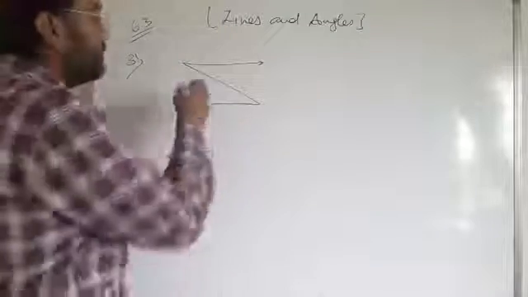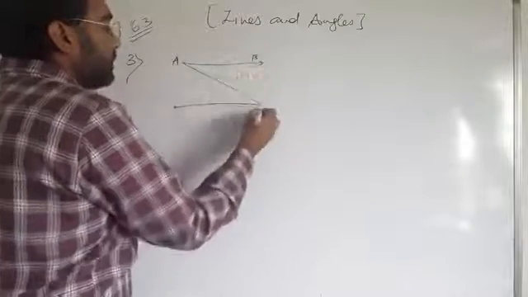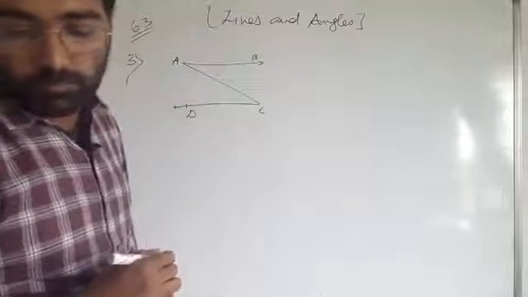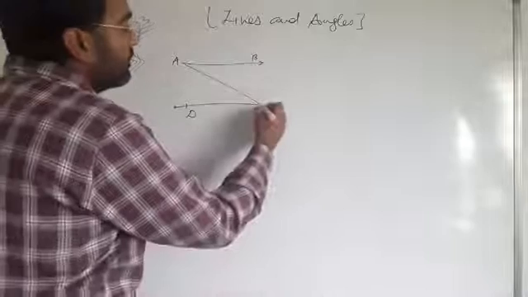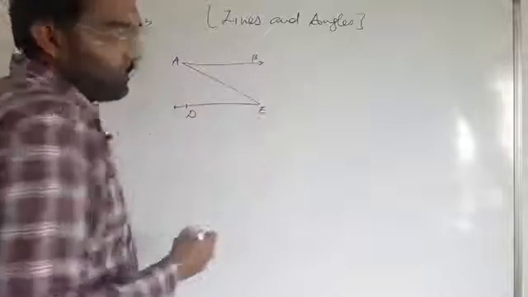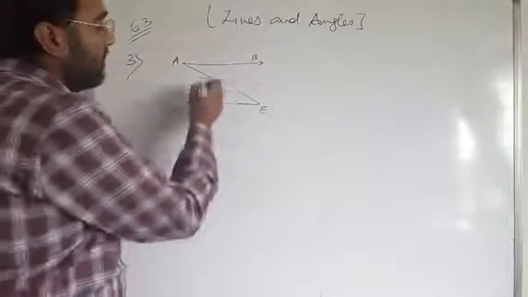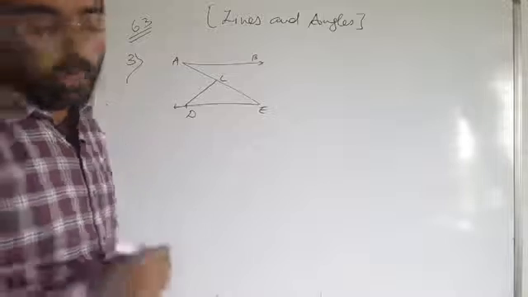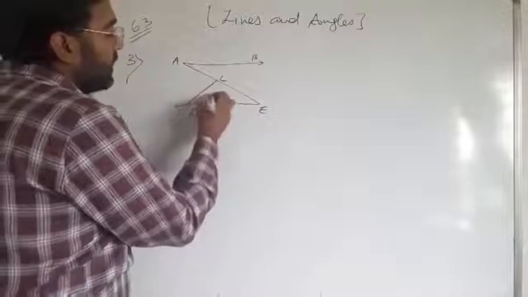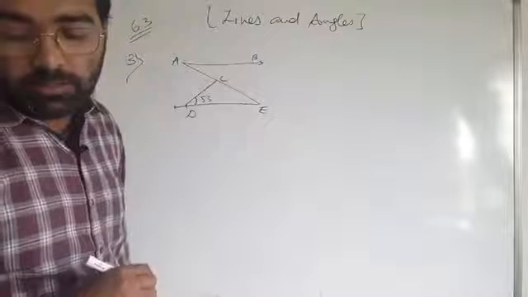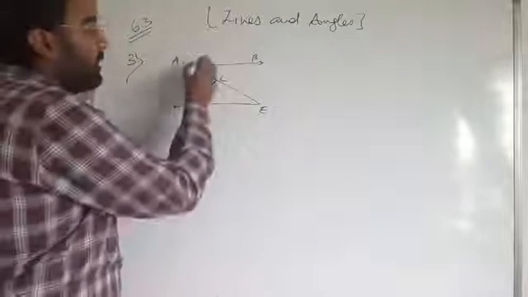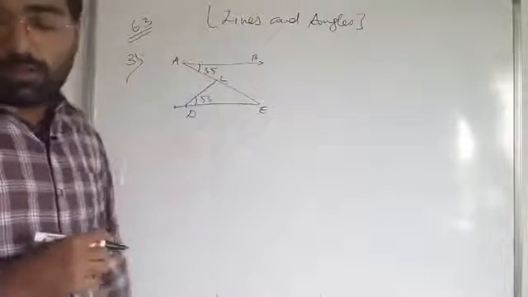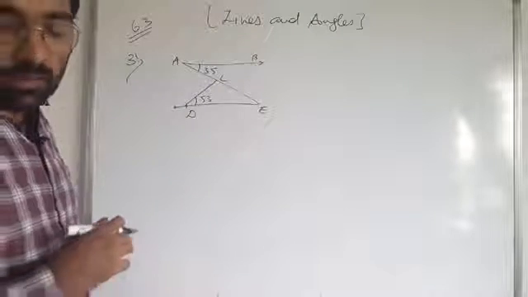AB and CD, that is DE, and C is the middle point here. This angle is given as 53 degrees, and the other angle here is 35 degrees. The figure is given like this.